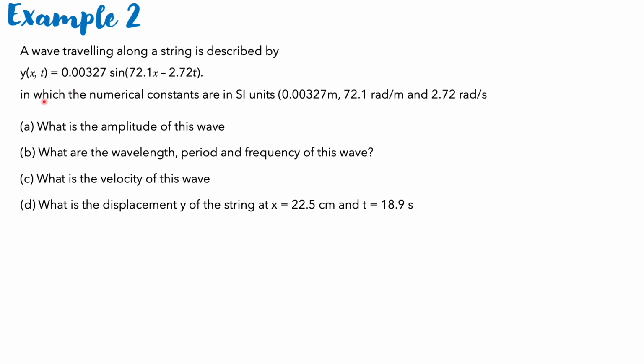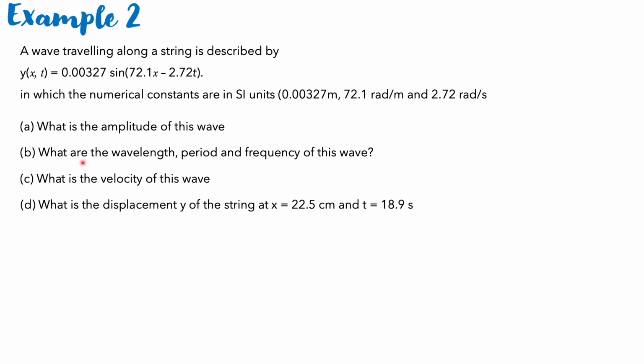In this equation, the numerical constants are given in SI units, or system international units. That means 0.00327 meters is the amplitude, 72.1 radians per meter is the wave number, and 2.72 radians per second is the angular frequency.